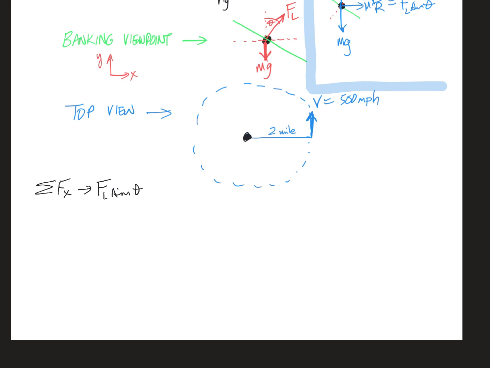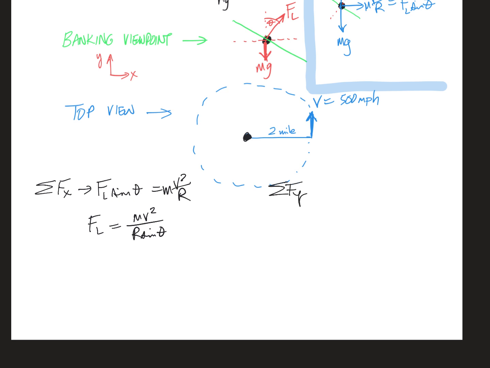The lift force is a fraction because I tilted it away from horizontal and made a triangle. Therefore, sine, cosine, tangent are ways that I account for that fractioning of the force. And that's going to be mv squared over r. So the lift force times sine theta equals mv squared over r.